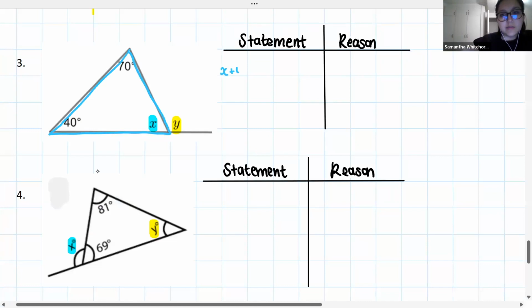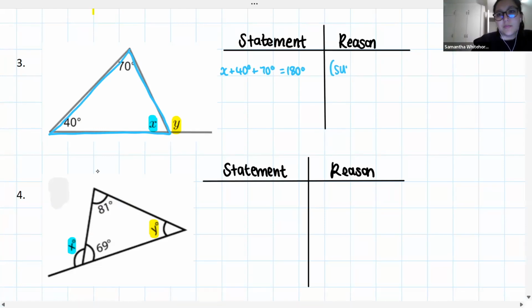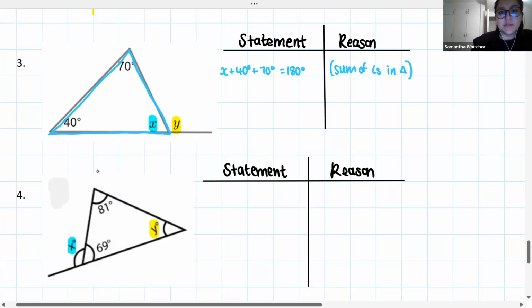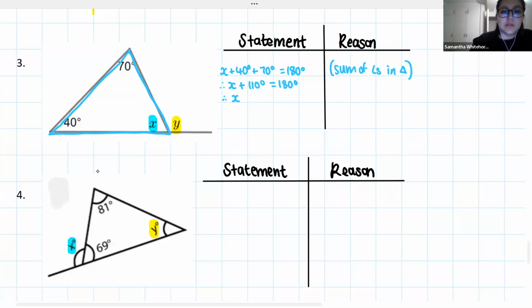So X plus 40 plus 70 is equal to 180 degrees, or because of sum of angles in triangle. 40 and 70 are like terms, so I'm going to add them together to give me 110 degrees is equal to 180. And now when I subtract 110 on both sides, I get that X is equal to 70 degrees.